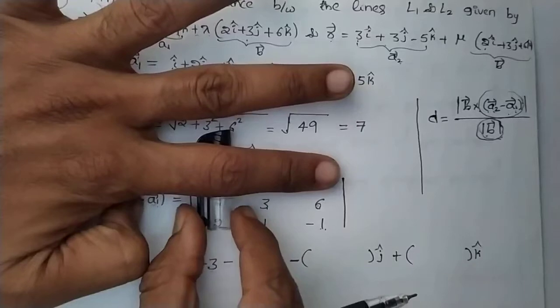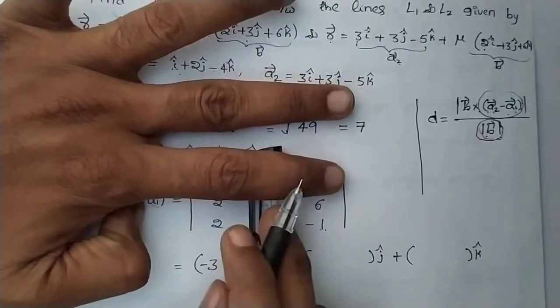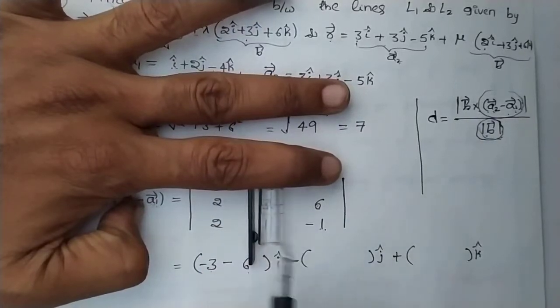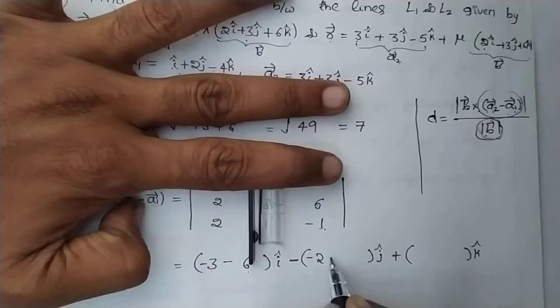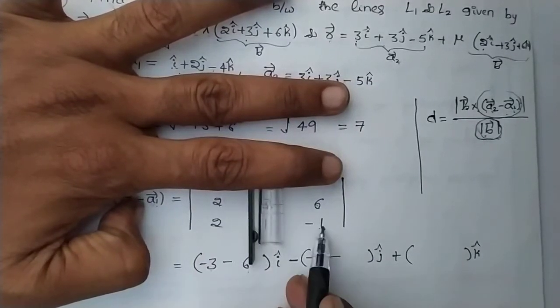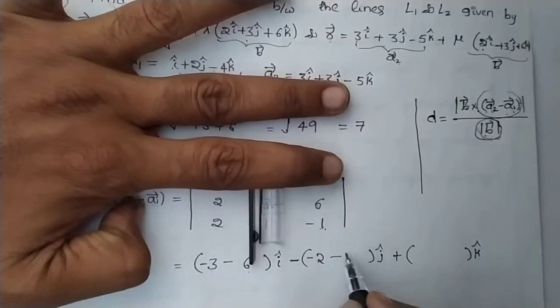Next, delete the corresponding row and column for j cap. We get 2 into minus 1 is minus 2, minus of 6 into 2 is 12.